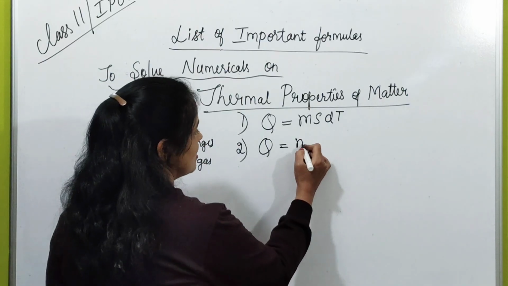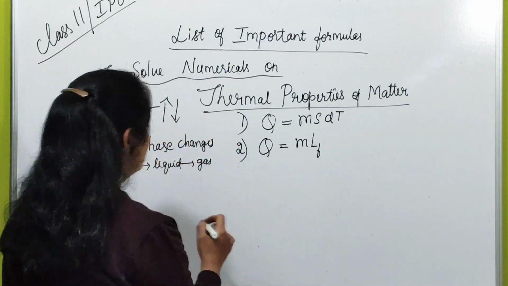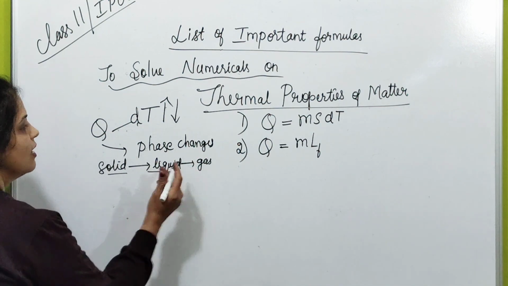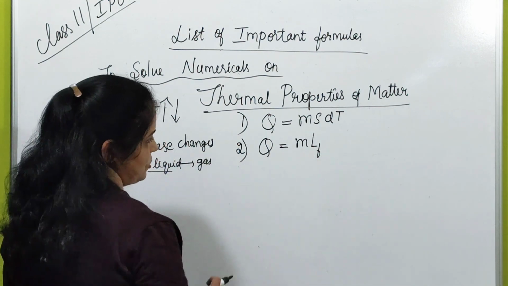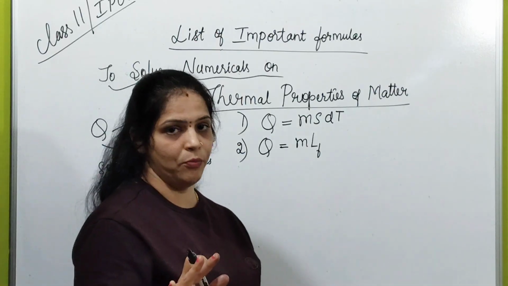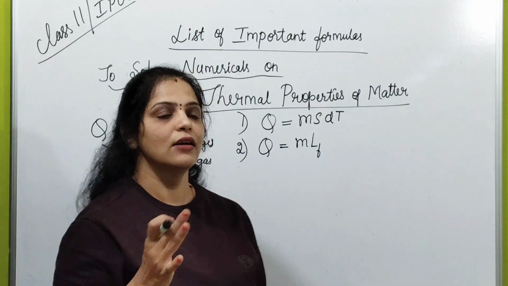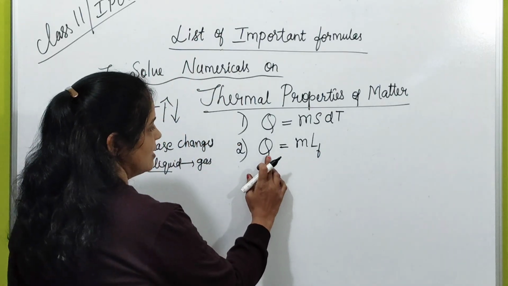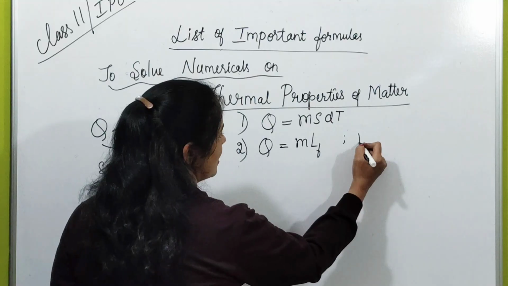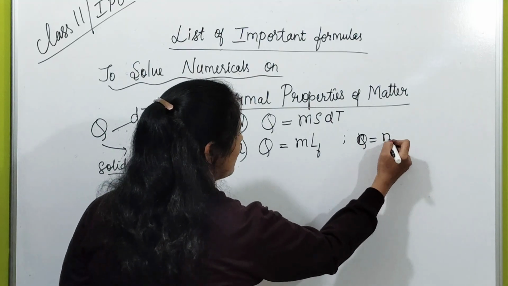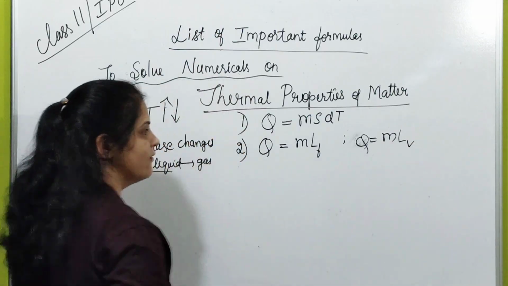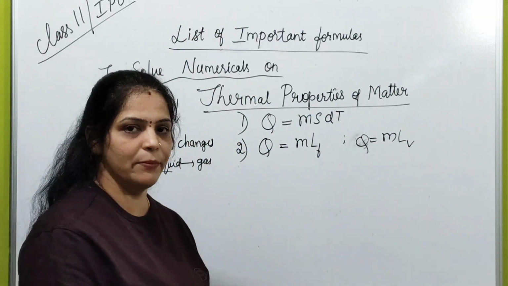We write Q = mLf if the body changes from solid to liquid, which is called the latent heat of fusion. The temperature remains constant at the melting point; the heat supplied changes the phase of the system. Or you can also write Q = mLv, where Lv is called the latent heat of vaporization.